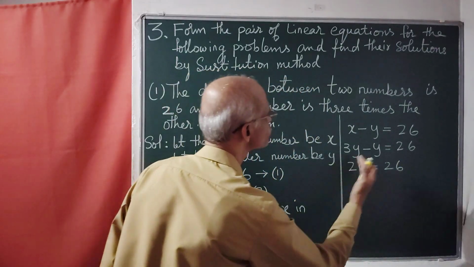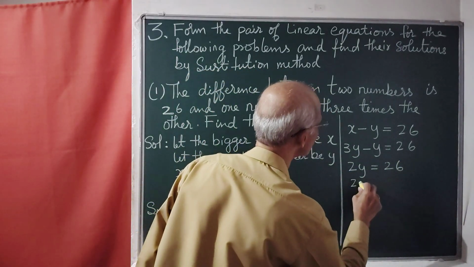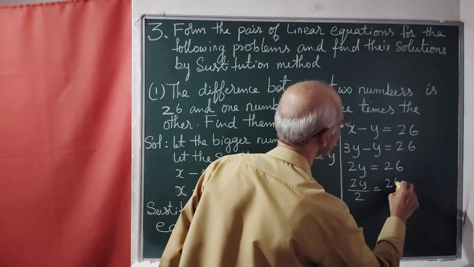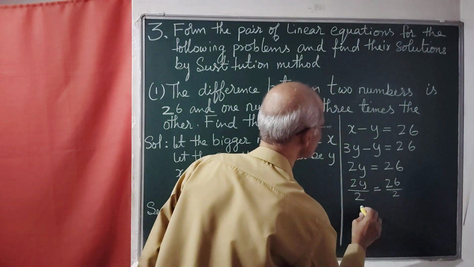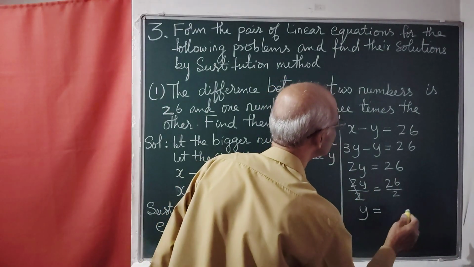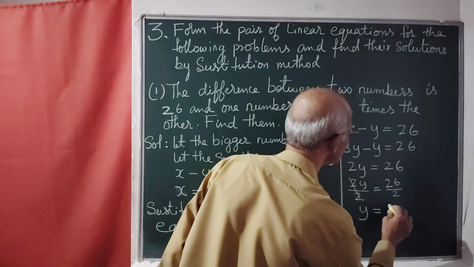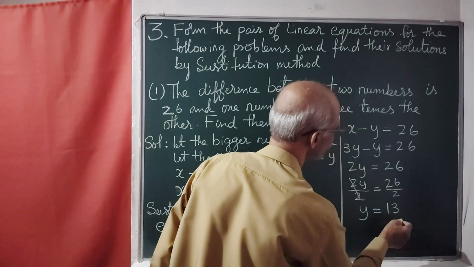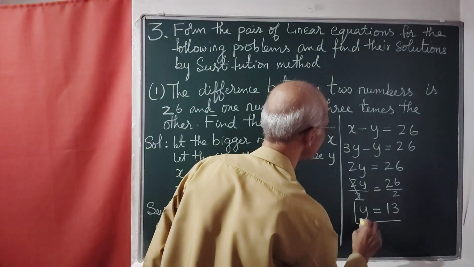I will divide both sides by 2. So 2y divided by 2 will be equal to 26 divided by 2. So y will be equal to, the 2 will get cancelled here, 13. So value of y is 13.